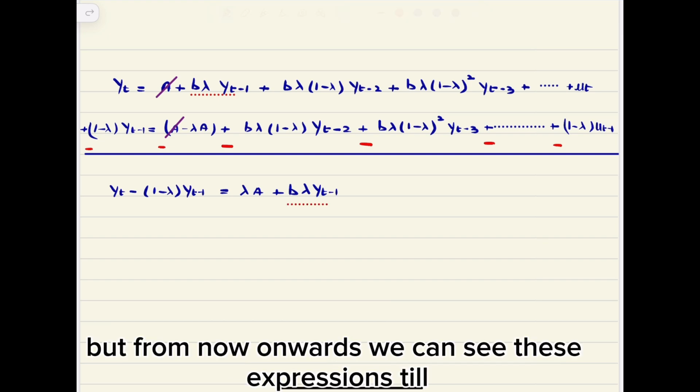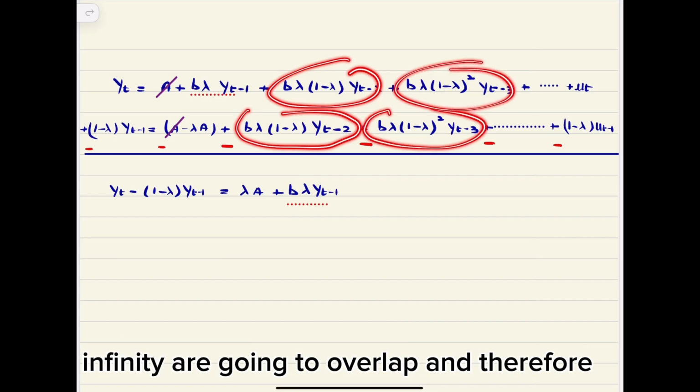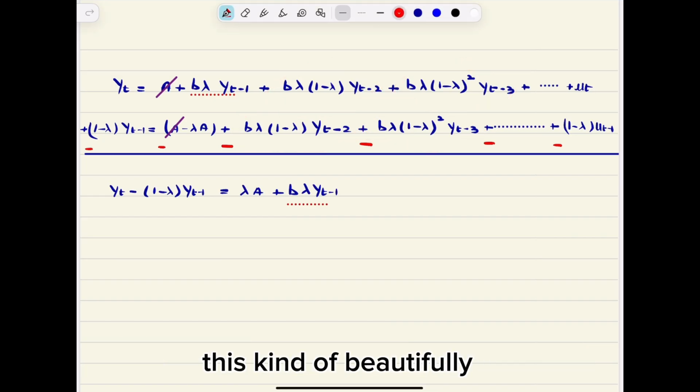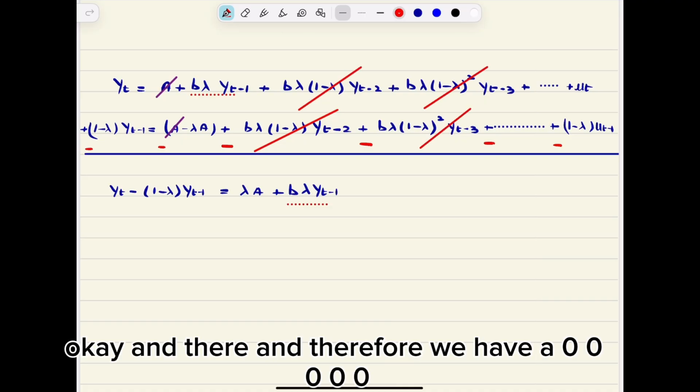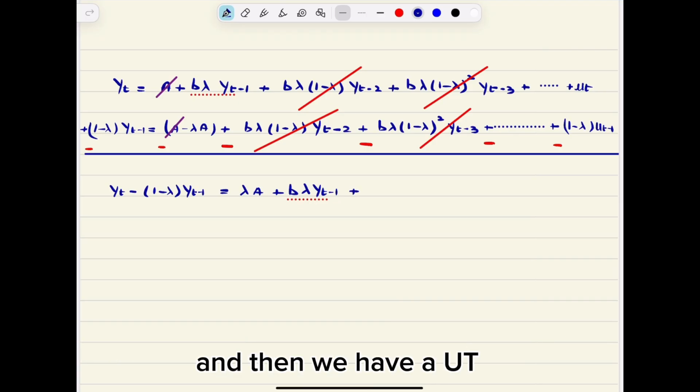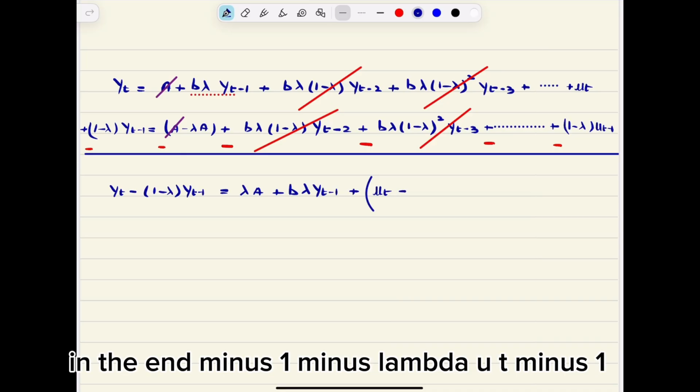But from now onwards, we can see these expressions till infinity are going to overlap, and therefore this beautifully cancels out. Okay, and therefore we have 0, 0, 0, 0, 0, and then we have a u_t in the end minus (1 minus lambda) u_{t-1}.